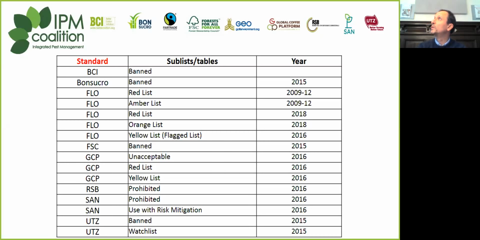If you see the logos up there in the slide, only the Gulf Environmental Organization has not yet developed a negative or banned list of pesticides. All other 8 have their lists, and they have 1 list, like in the case of FSC or RSB, or 2 lists like UTZ, or even 3 lists like GCP or Fairtrade. So it varies, it's different.